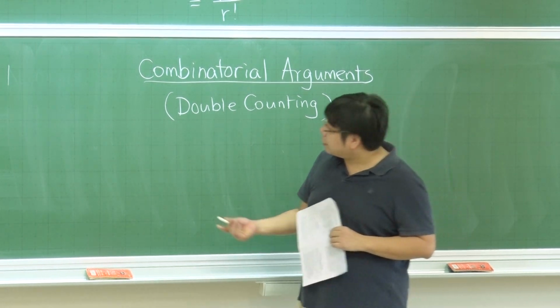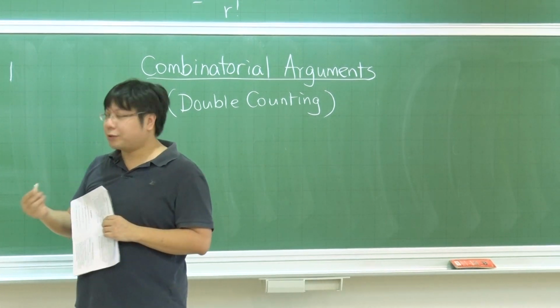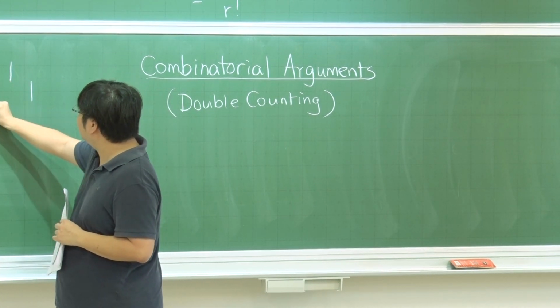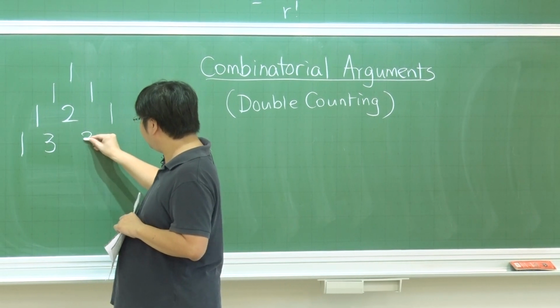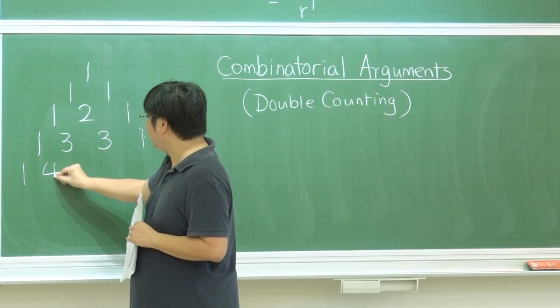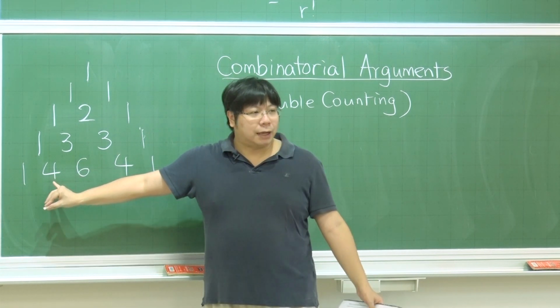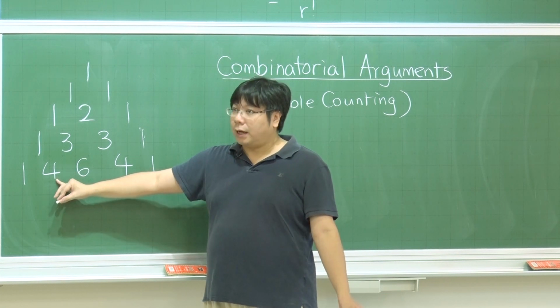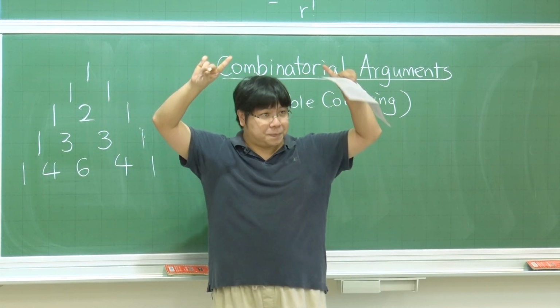So for instance, last time we have talked about the Pascal triangle: 1, 1, 1, 1, 2, 1, 1, 3, 3, 1, 1, 4, 6, 4, 1. Each of these terms is a combination term, and each of these terms is the sum of the 2 terms above.